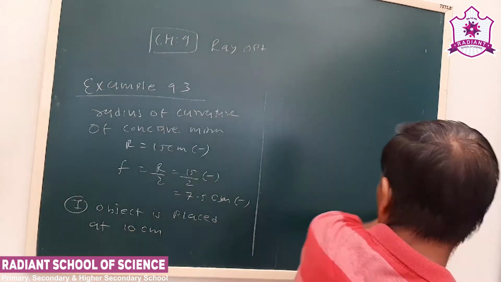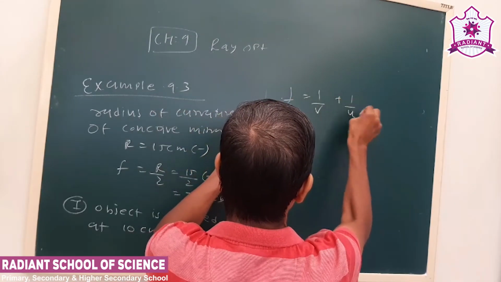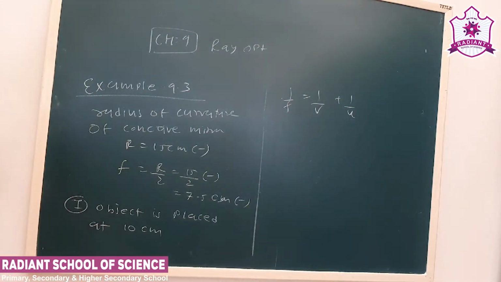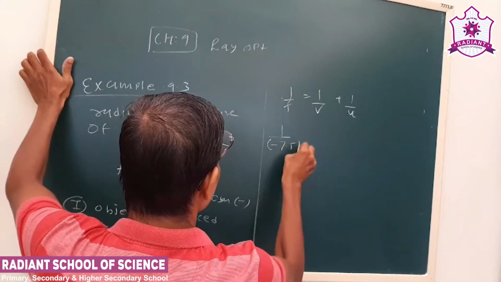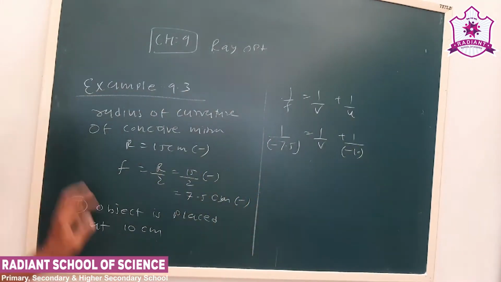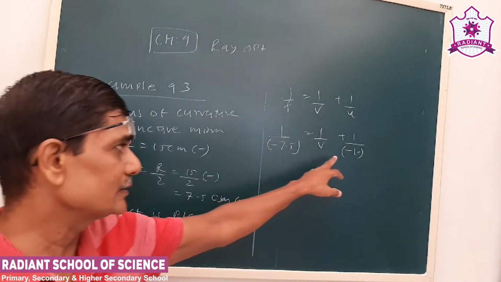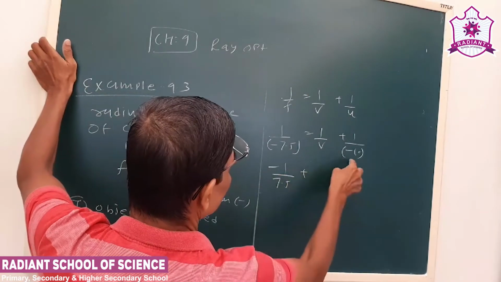Okay. Now see, we use the mirror formula. 1 by F is 1 by V plus 1 by U. For a concave mirror F is negative, and U is always negative for any type of mirror. The object is placed at 10 centimeters, so U will be negative. So we can write minus 1 by 7.5 equals 1 by V minus 1 by 10.